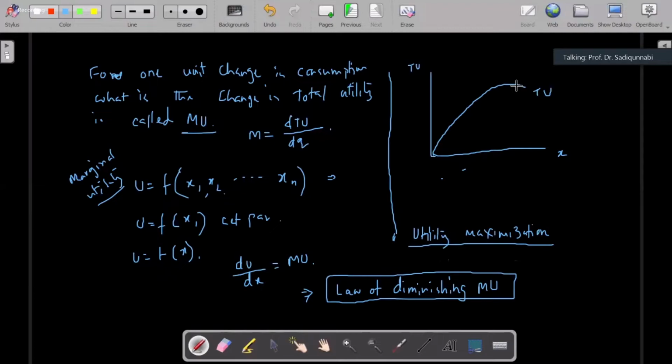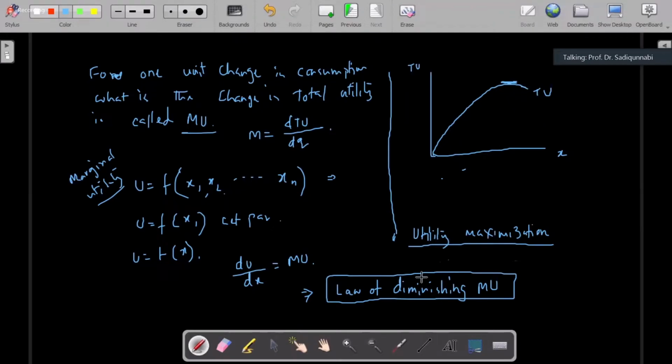You see the behavior. The consumer moves like this, increasing at a decreasing rate, and then reaches its maximum. Okay, at this point. So this is called maximization of utility. And then after the maximum, the utility falls down. This part is declining.